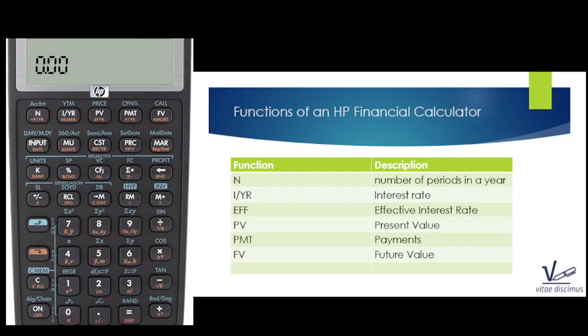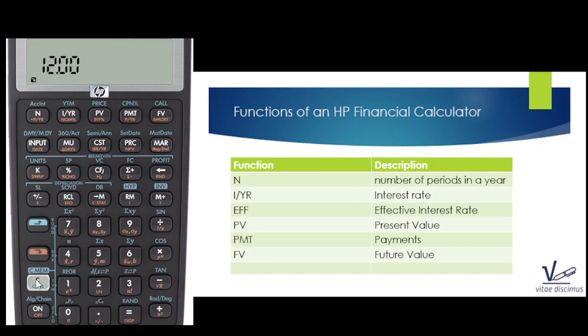So on the effective interest rate, for instance, you want to check what is the effective interest rate of 8% interest compounded monthly. The first step to do that would be to first set your calculator to 12 periods per year, right?